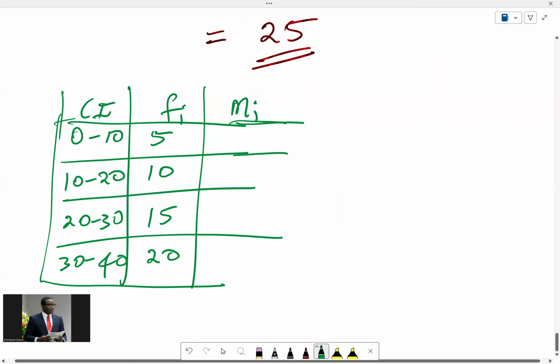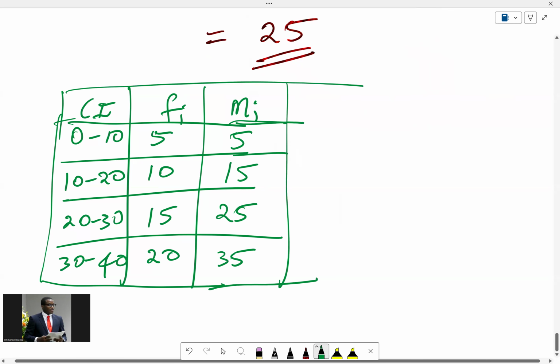So the midpoint: 0 plus 10 is 10 divided by 2, that's 5. Then 10 plus 20, 30 divided by 2, 15. Once you see that the difference is 10, just keep adding 10. So this will be 25, this will be 35. Okay. So what else do you need?